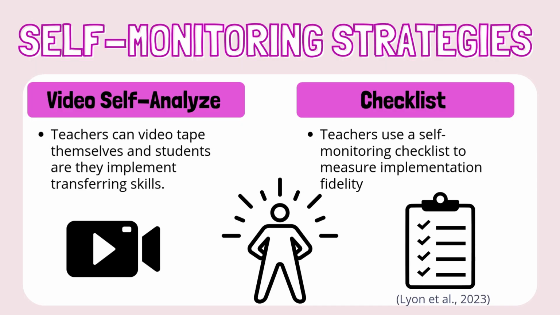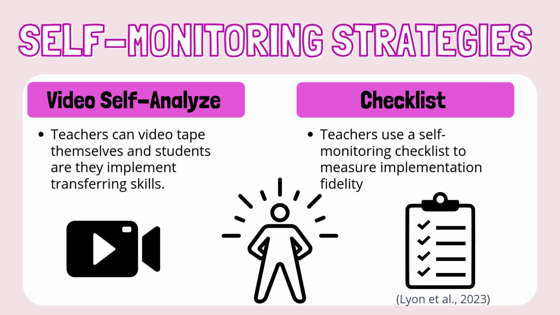Some of the things that can be done are video self analysis. You as a teacher can videotape yourself and your students as you are all going through some drills, as you're talking about those language points that are difficult, and you can see how students are able to transfer skills through that videotape.